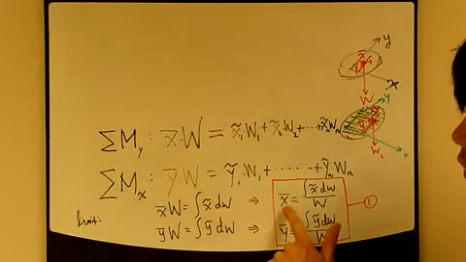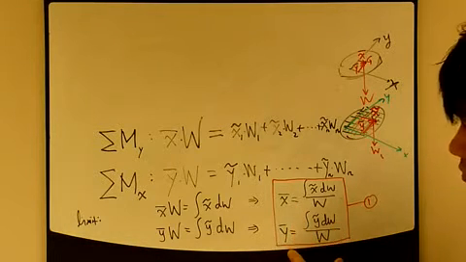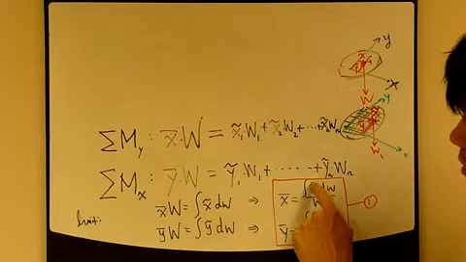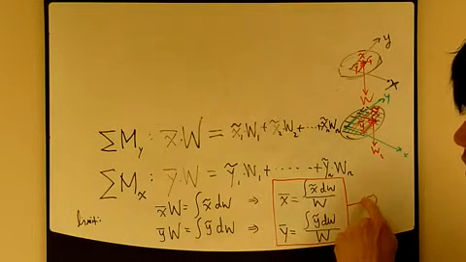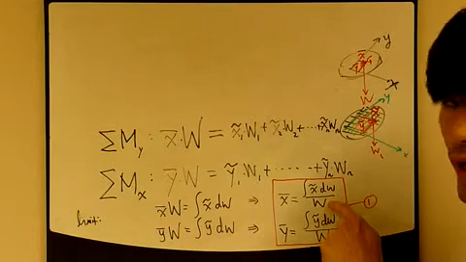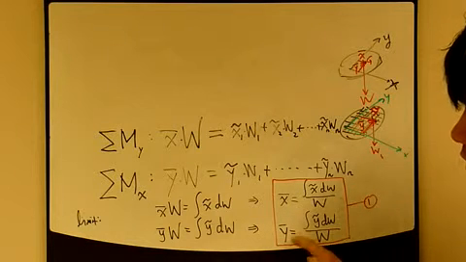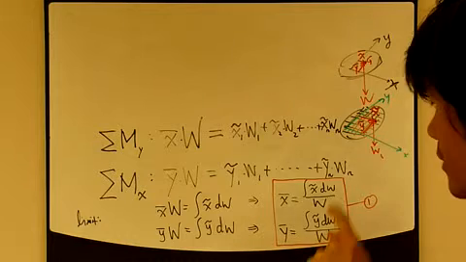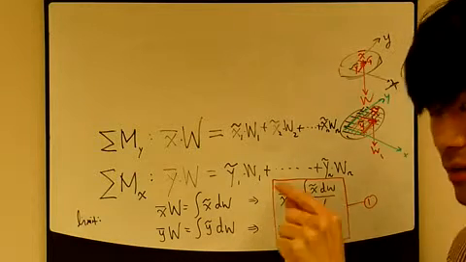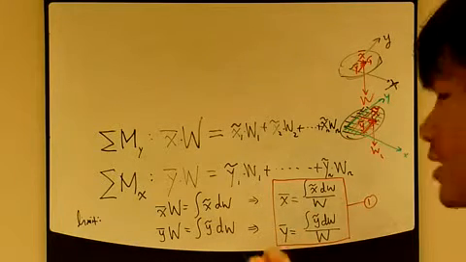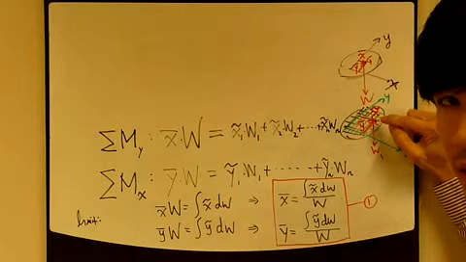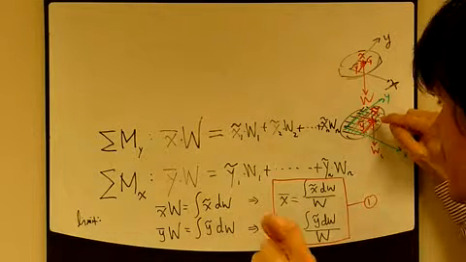The coordinate of the center of gravity is equal to the integral of x tilde dw divided by the entire weight of the rigid body. And the same thing for the y coordinate. Again, the tilde represents the location, the coordinate of the individual element, the individual tiny piece.